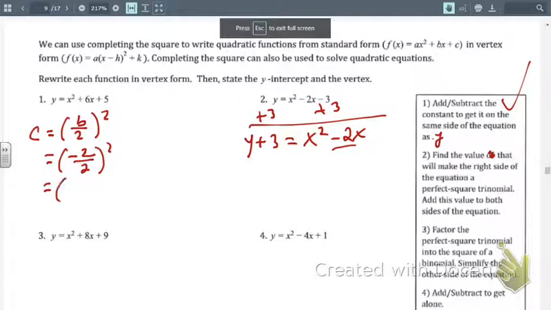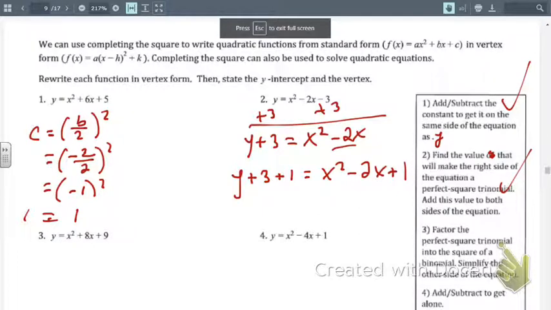Negative 2 over 2 is negative 1 squared. Whenever you square a negative, it's always going to be a positive. So our c equals 1. So I have to add 1 to both sides of this equation. So we have y plus 3 plus 1 equals x squared minus 2x plus 1.